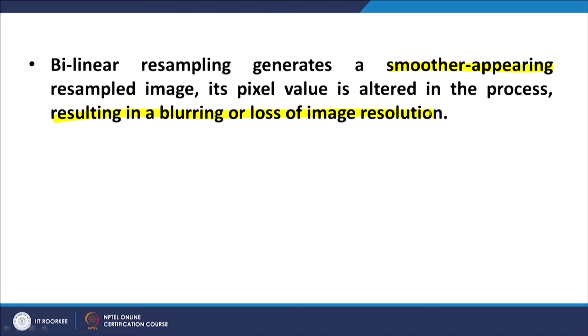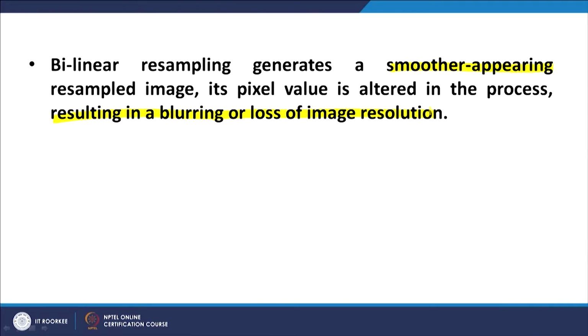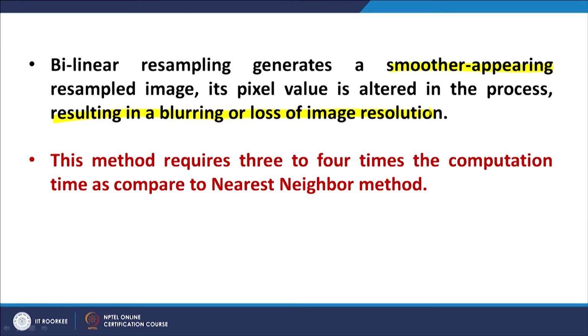So there is a trade off. I am getting a smoother appearance rather than jagged as in nearest neighbor, but at the same time I may get blurring or loss of resolution in the image.